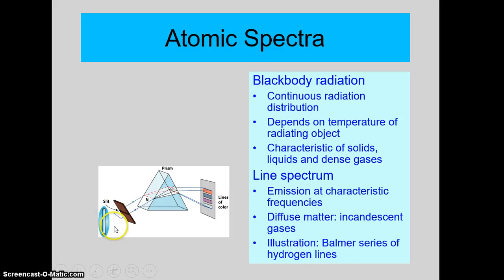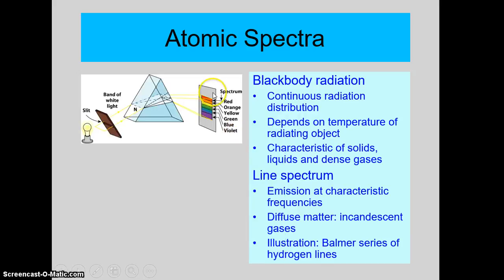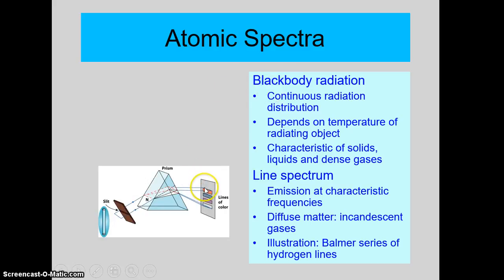You put a voltage across it, and you pass it through a prism, or like this prism and slit gets replaced by what's called diffraction grating. You get only certain lines. You don't get the continuous spectrum of black body radiation. You get certain lines and not other lines. In other words, certain colors and not other colors. And like I said, we knew this as far back as the 1850s.